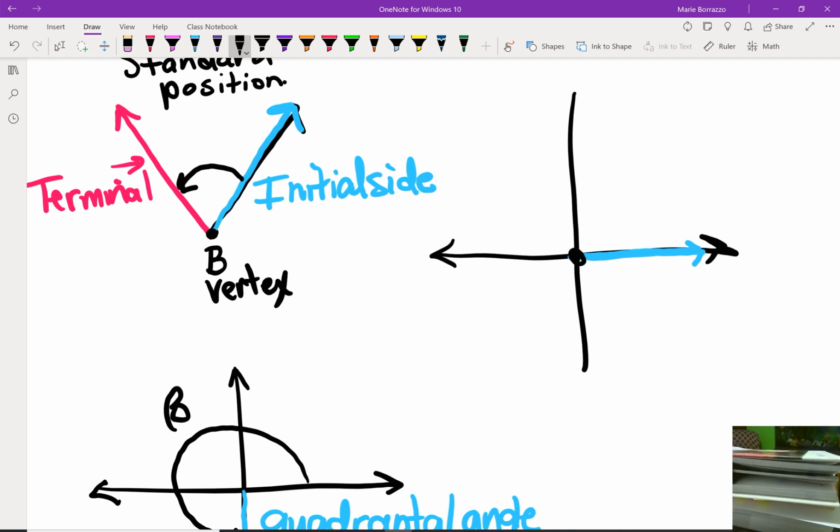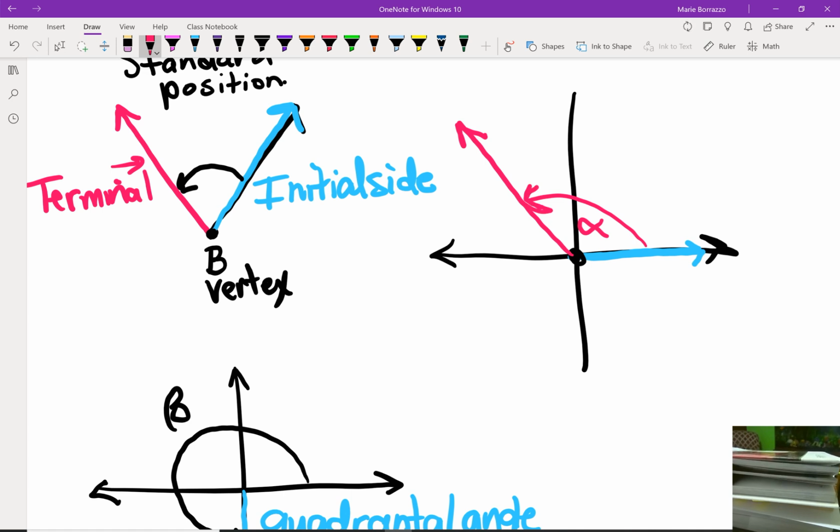Here's your obviously vertex, and let's say hypothetically this opens up in this direction. Okay, this is referred to as alpha. So the initial side along, it's opening up obviously in this direction.